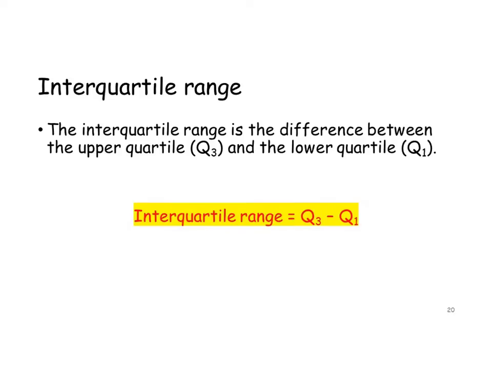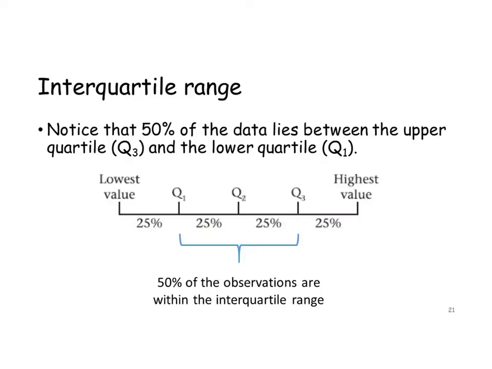Now the interquartile range is just the difference between the upper quartile, that's Q3, and the lower quartile, that's Q1. And we also notice that 50% of the data lies between the upper quartile and the lower quartile. So this means that 50% of the observations are within the interquartile range.